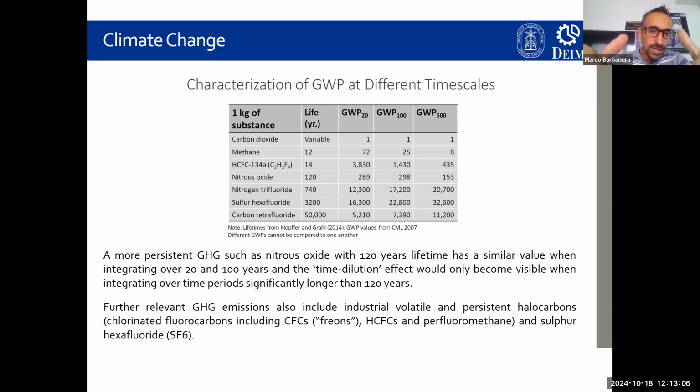Instead, in this example, the global warming potential of methane for 20 years is equal to 72.